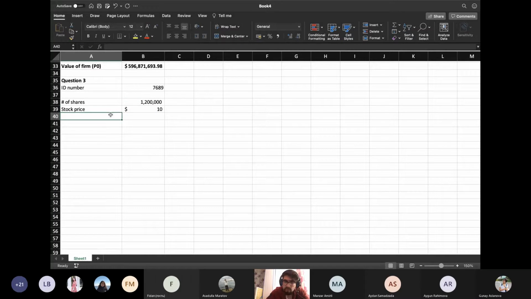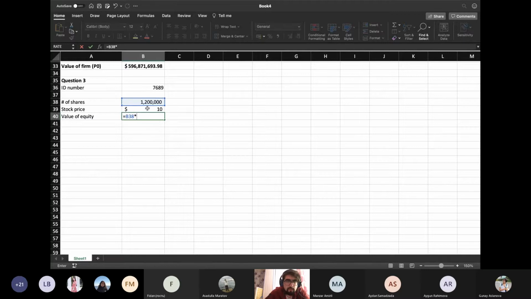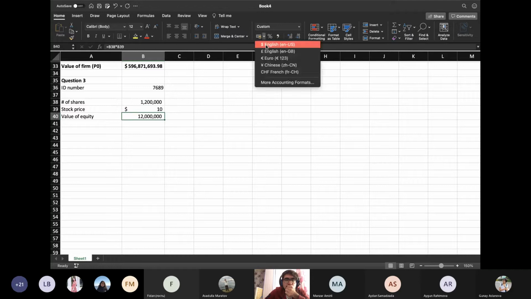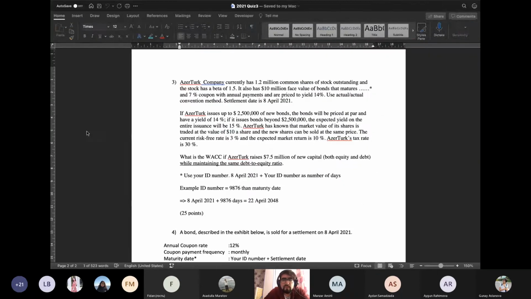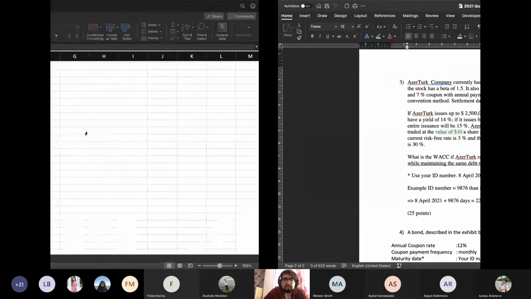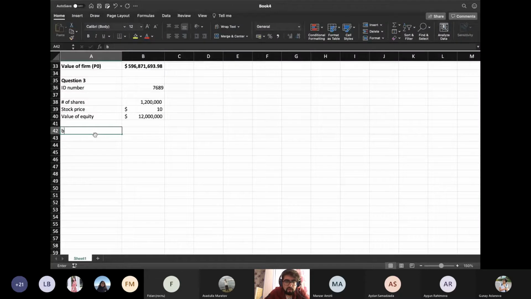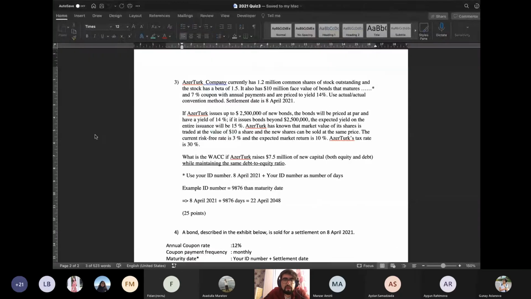So it means value of the equity is number of shares multiplied by price per share. It is with dollar sign. Okay. It is value of the equity. Then we have beta 1.5.